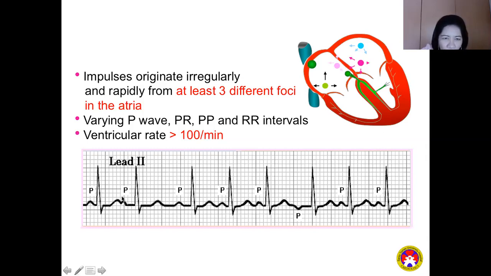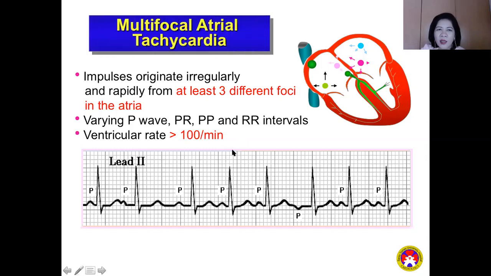This is one P, this is another P, this is a different P, a third P, and this is a fourth P. So if you have at least 3 different foci in the atria and your rate is more than 100, then this is called multifocal atrial tachycardia. This is like a wandering atrial pacemaker. The only difference is that the ventricular rate is more than 100 per minute.